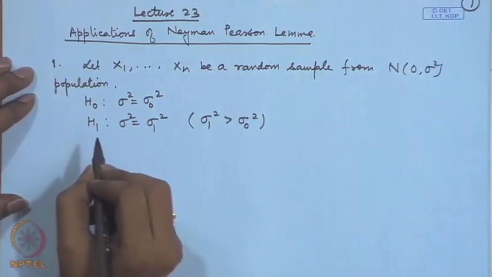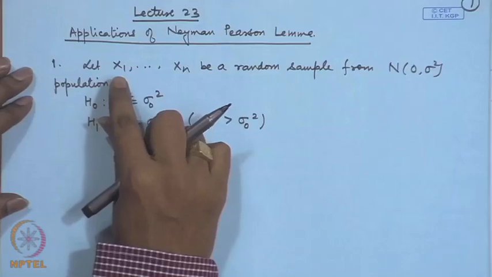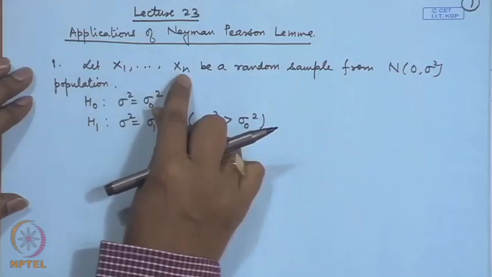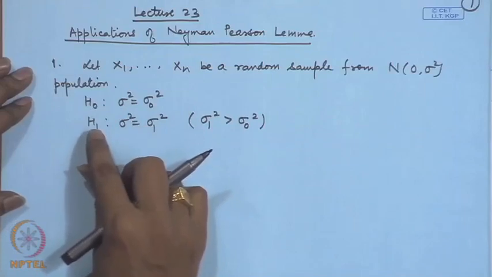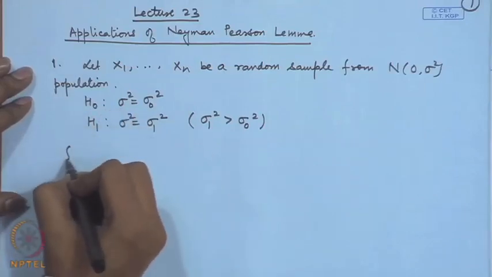In order to consider the application of the Neyman-Pearson fundamental lemma, we should write down the joint density of x1, x2, ..., xn under the null hypothesis and the alternative hypothesis. We call them f naught and f 1.